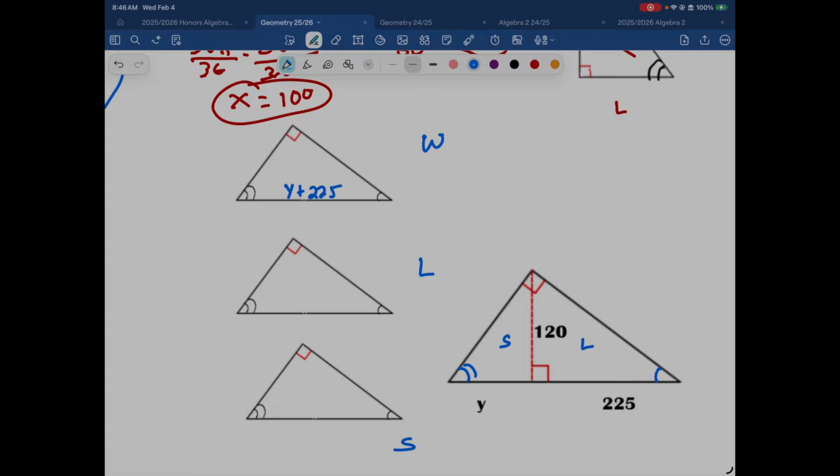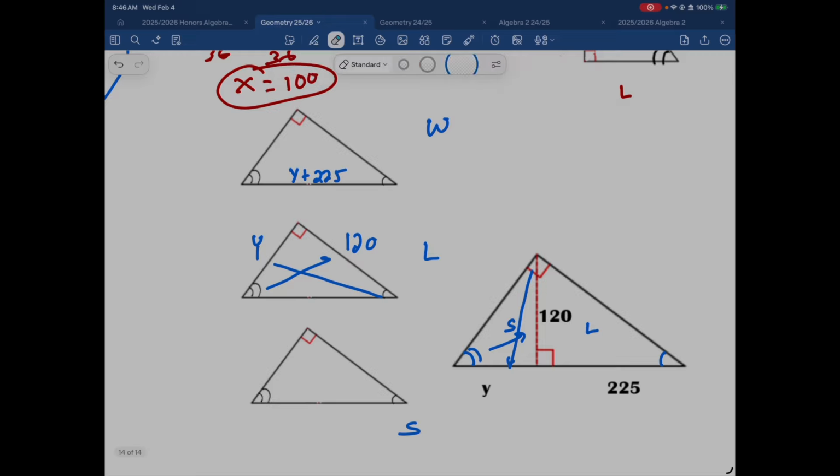I'm not going to use it, but go to the small. Here's our small. The side opposite the 2 is 120. There's my 2. So that's 120. The side opposite the 1 is y. And again, the side opposite the 90 is nothing, so I'm just not going to do it.